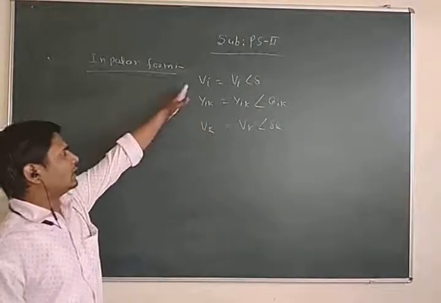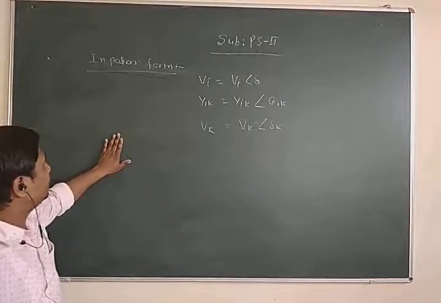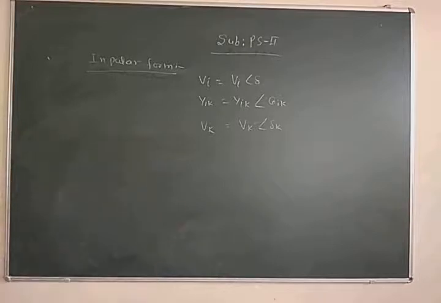Now these values are put in the equation of power and then we find the polar form of the power equation at bus number i.